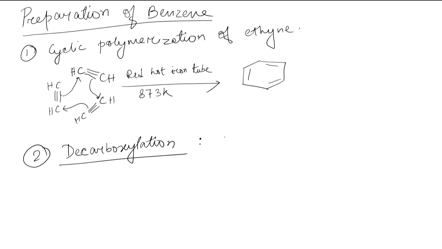So we had seen that by decarboxylation of a carboxylic acid, we get an alkane with one carbon less. So to obtain benzene, we will have sodium salt of benzoic acid. Okay.